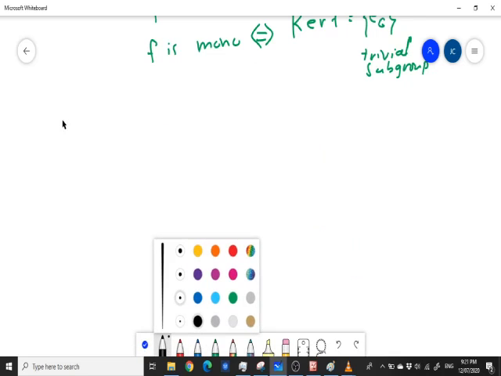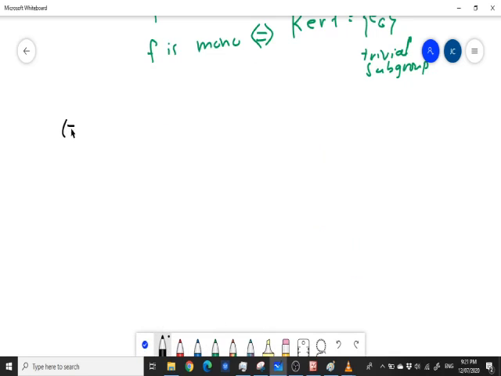So let's start with supposing that f bar is 1-1. Then the kernel of f bar equals the identity in H, right? No. I'm sorry. The identity in G mod n. What is the identity of G mod n?